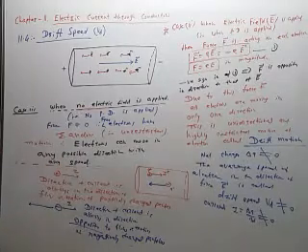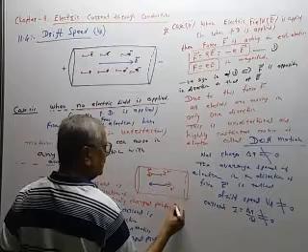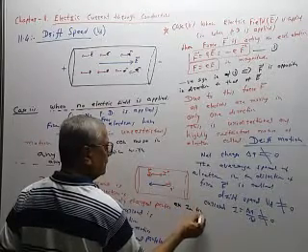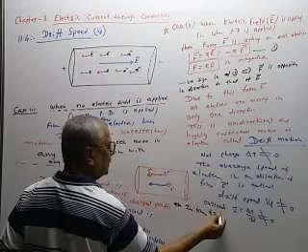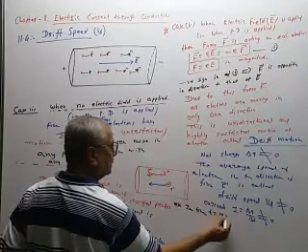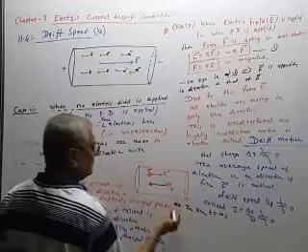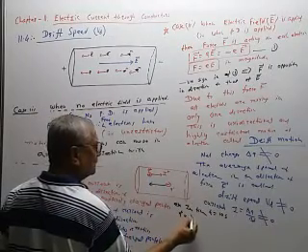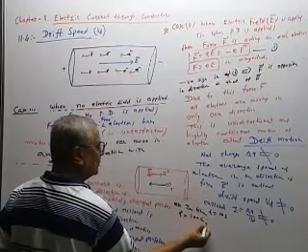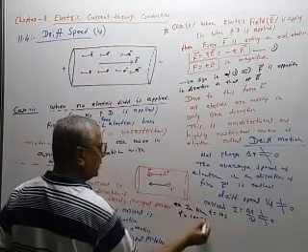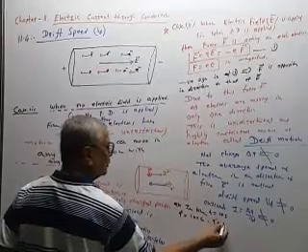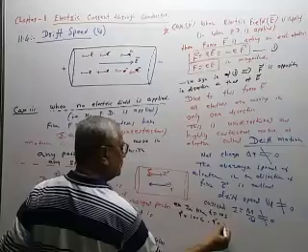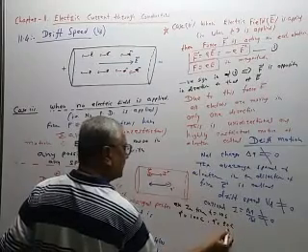For example, I will give one example. In time t equal to say 10 seconds, by this figure, Q plus is equal to say 100 coulomb and Q minus is equal to say minus 80 coulomb.